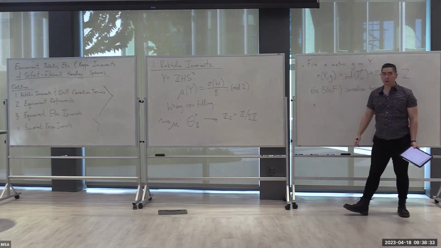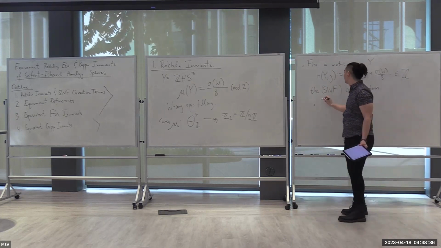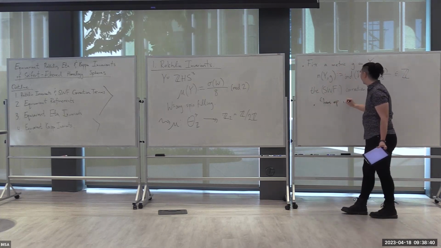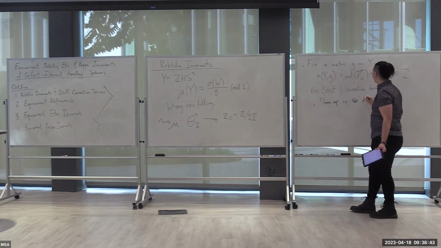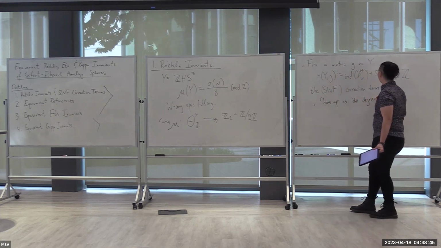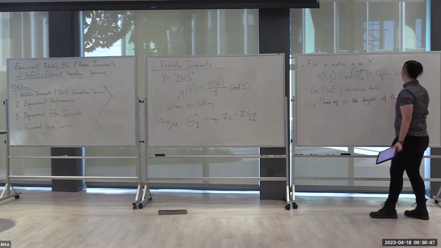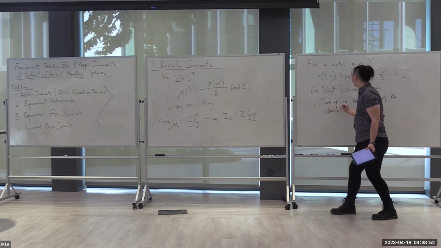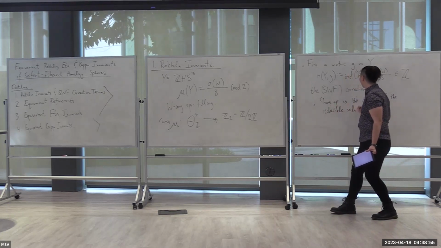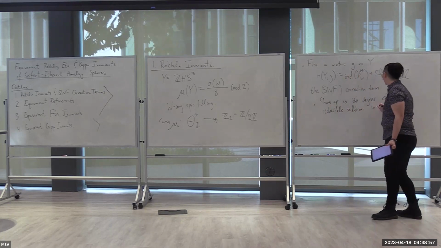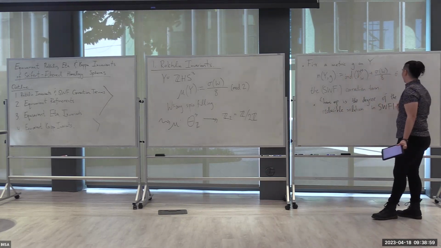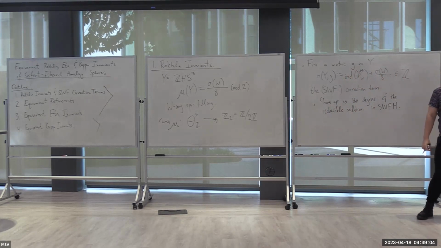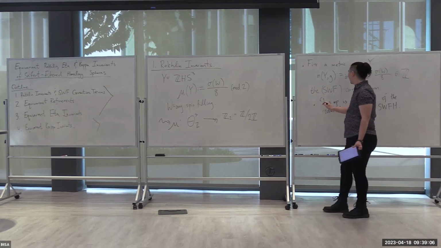And most importantly, for this talk, it shows up as the degree of the reducible solution in the Seiberg-Witten Floer setting.